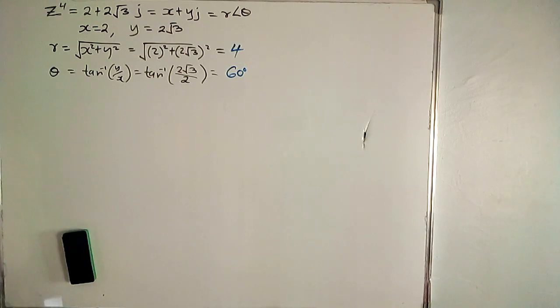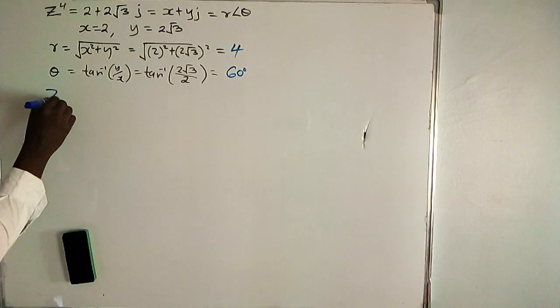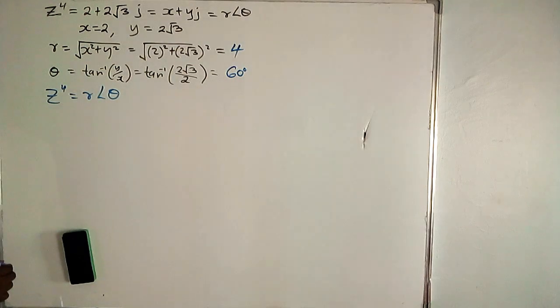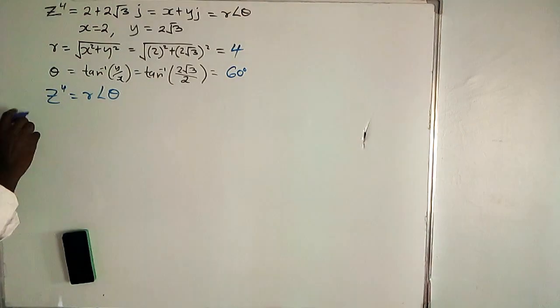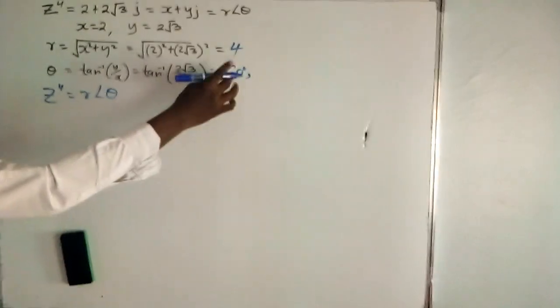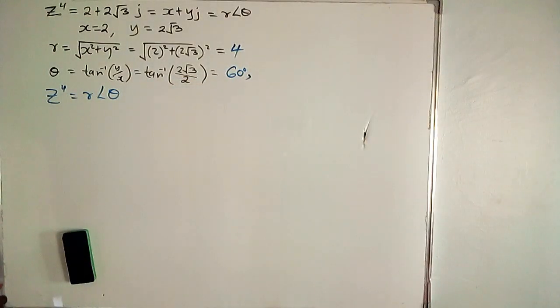So having expressed that, now our z raised to power 4 is in the form r angle theta, where r is the modulus and theta is the argument, isn't it? So the theta you found is 60. You can generate more thetas by adding or subtracting 360 degrees, a complete revolution. So the first theta is 60 degrees, so we add 360 degrees to generate other values of theta.